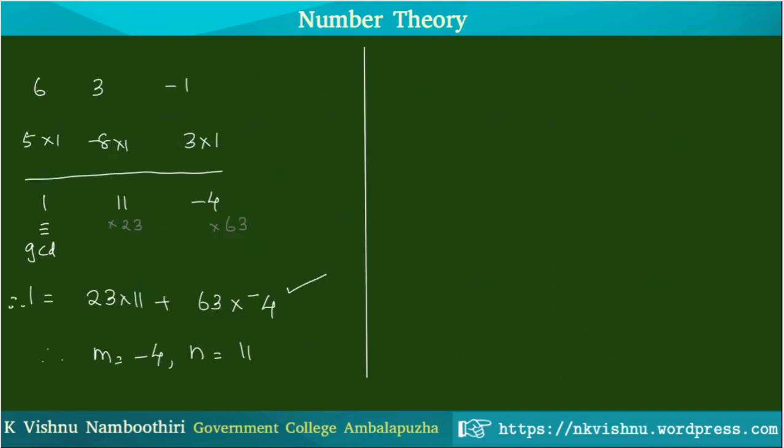Therefore, here we have Mahavira's puzzle solution is minus 7m, 7n, and that is nothing but equal to minus 7 into minus 4, that is 28. 7 into 11 is 77.